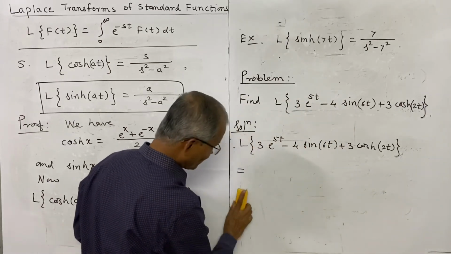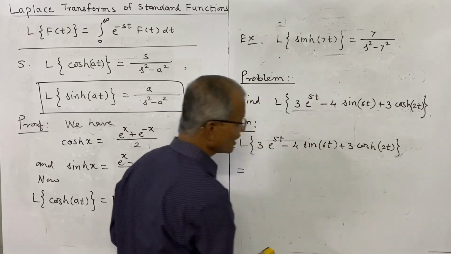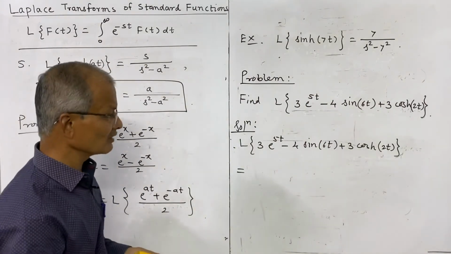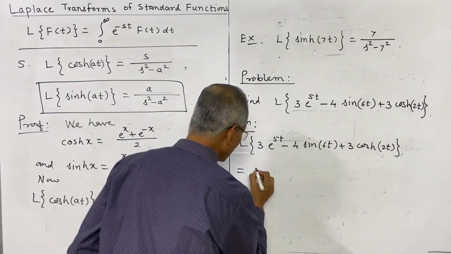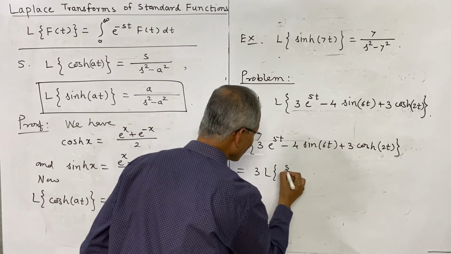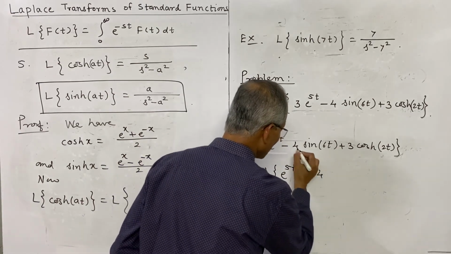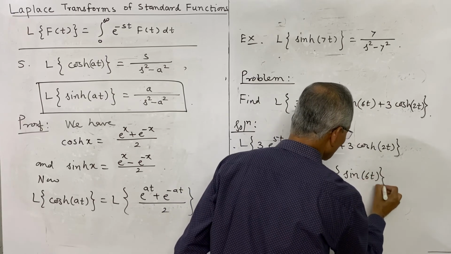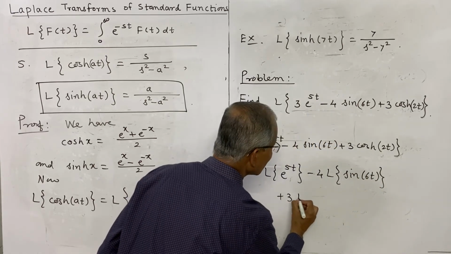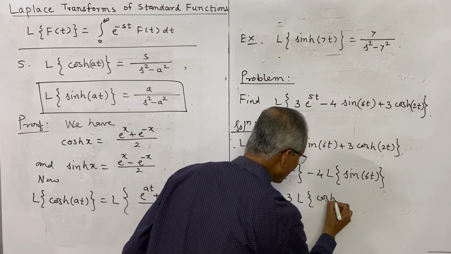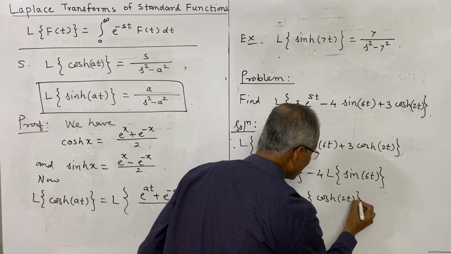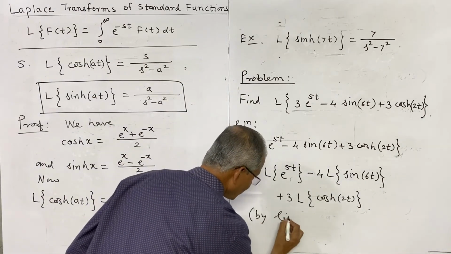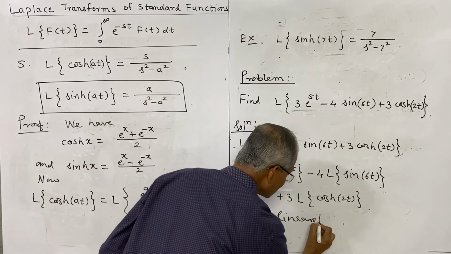What is to be remembered to use the linearity property is that we can separate the Laplace transforms and write the constants outside. This can be written as 3 L of e power 5t minus 4, which is a constant, L of sine 6t, and further 3 is a constant, then L of hyperbolic cos 2t, by the linearity property. And further we shall use the standard formulae.